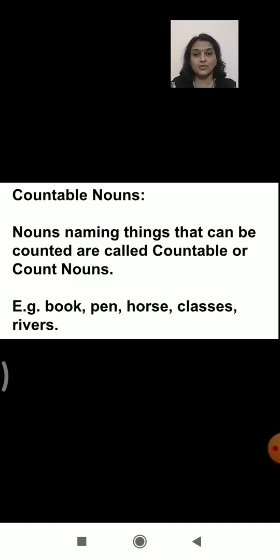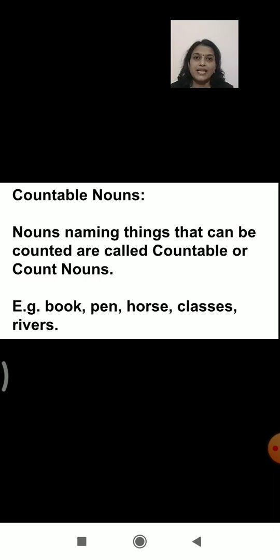Nouns naming things that can be counted are called countable or count nouns. For example, you can say book, you can count pen, horse, classes, rivers. So all these things you can count them.